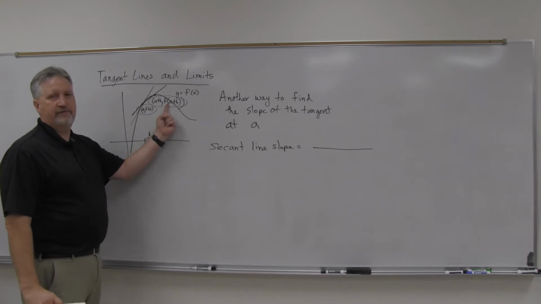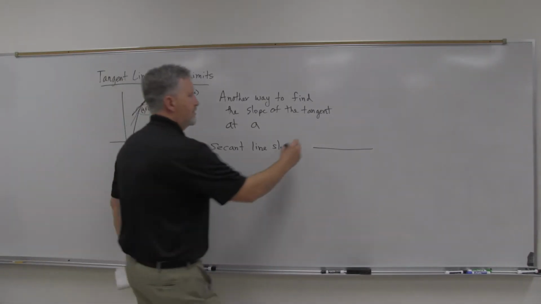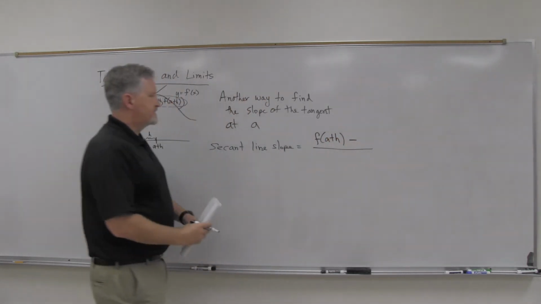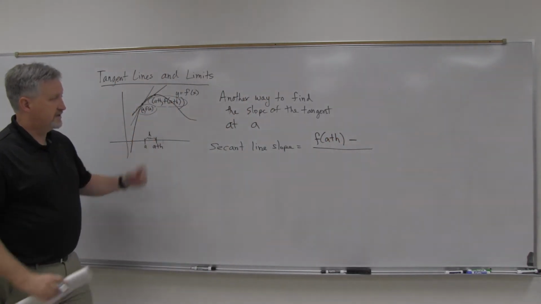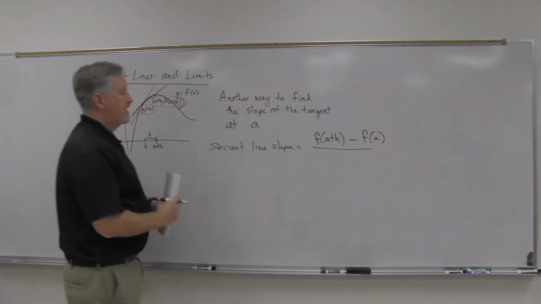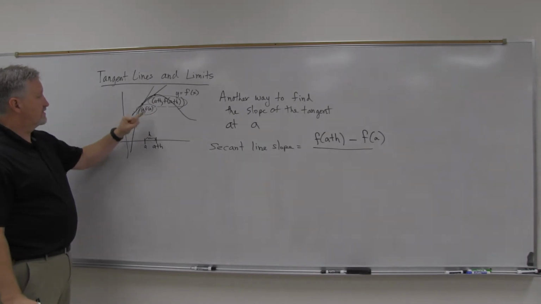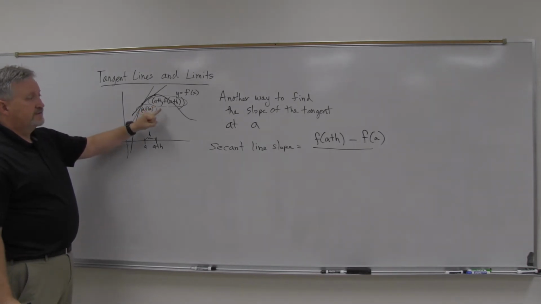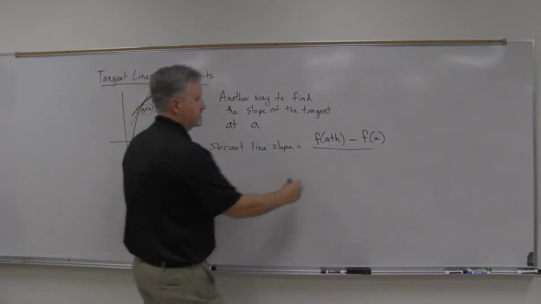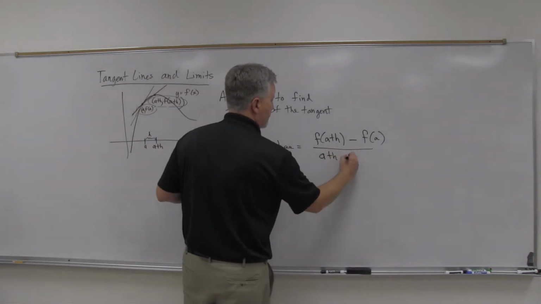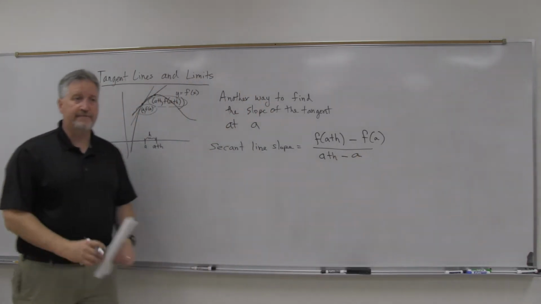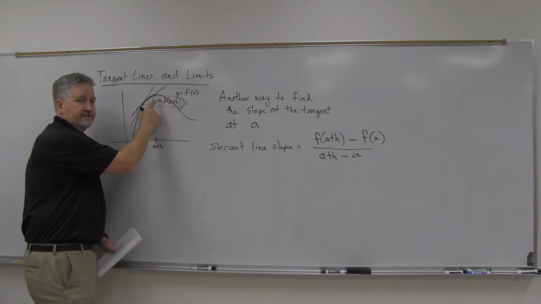Well, let's call the second y this f of A plus h, minus from that the first y, which is just f of A. And then difference of the x's for the slope formula there. So it'll be A plus h, second x, minus the first x, which is A. So we get that: difference of the y's over difference of the x's.